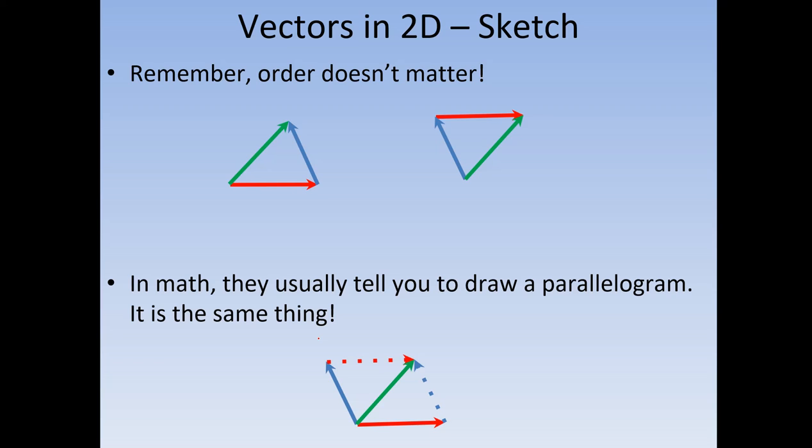You've actually done this in math before. I'm positive that you were given questions where you had arrows drawn like this, and you were basically told to create a parallelogram and then draw a line that goes from one corner to the other and find what this diagonal was.